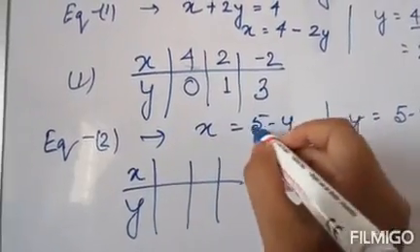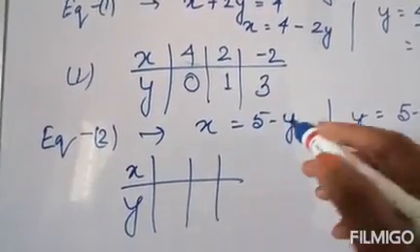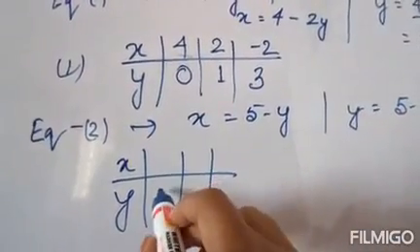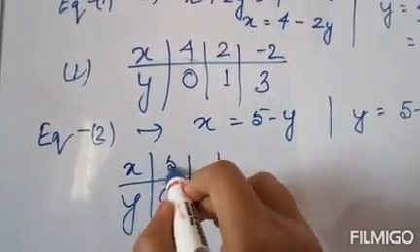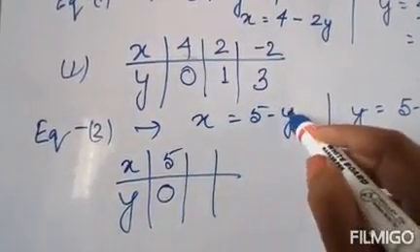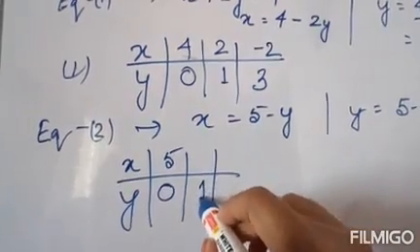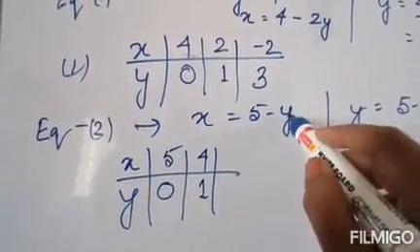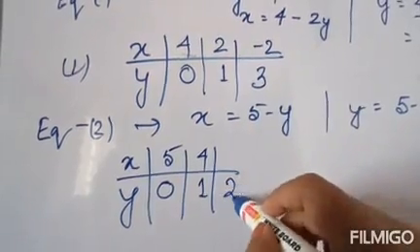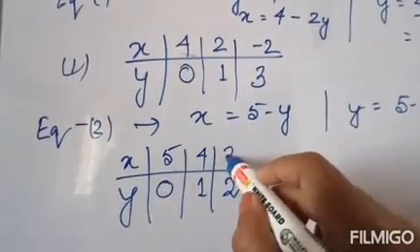So I'm picking this one. Let us take y's value as 0, x's value will be 5. When I take y's value as 1, x's value becomes 4. When I take y's value as 2, x's value becomes 3.